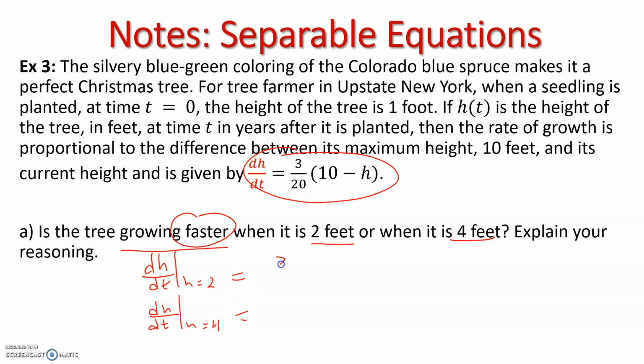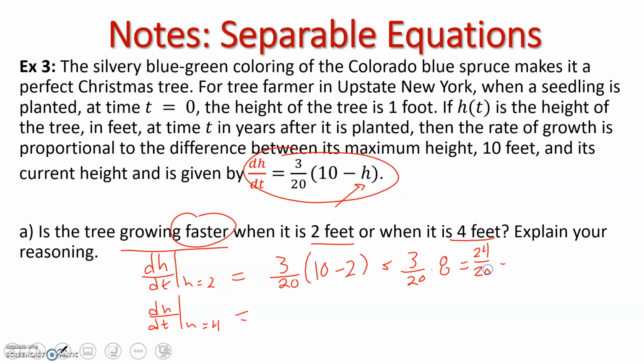Now, when h is 2, we have 3/20 times (10 minus 2). We're just simply replacing h with our value. So that is 3/20 times 8, or 24/20. Or if we reduce by 4, it is 6/5, or 1.2 feet per year.